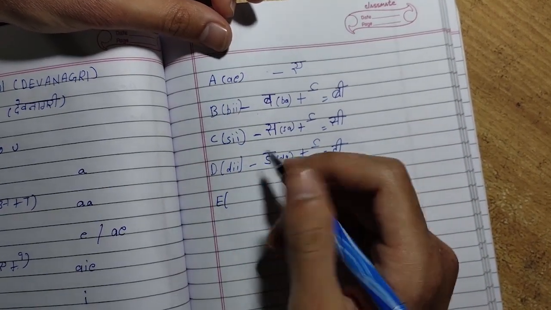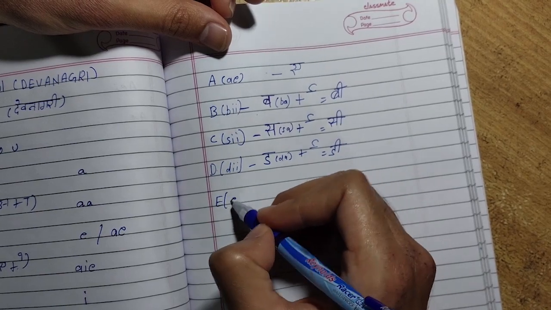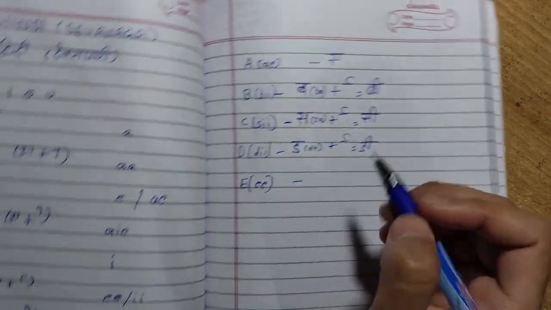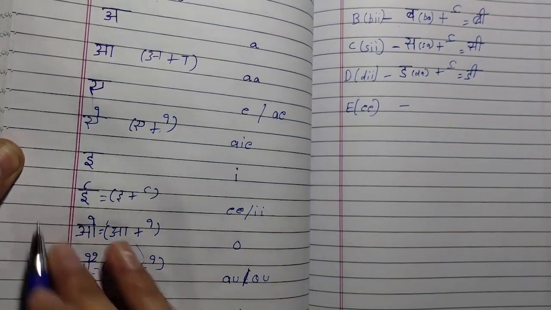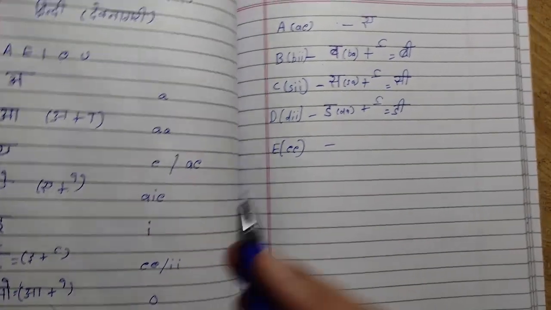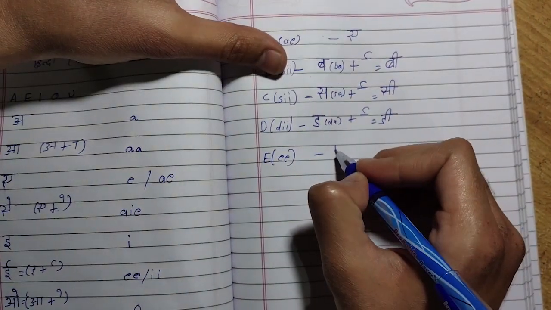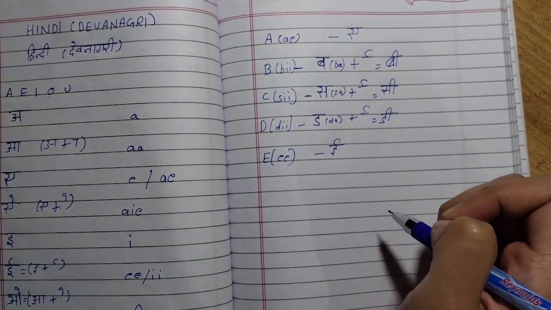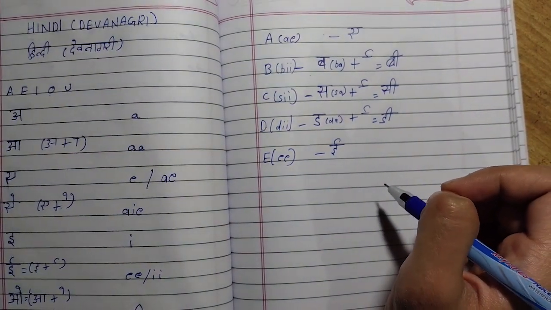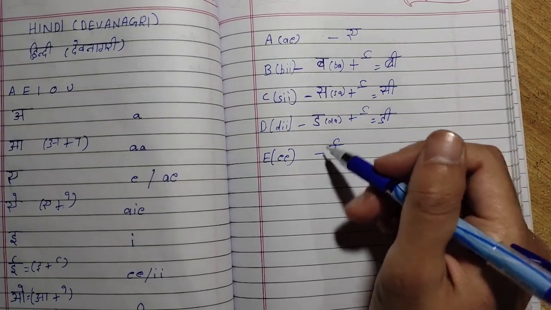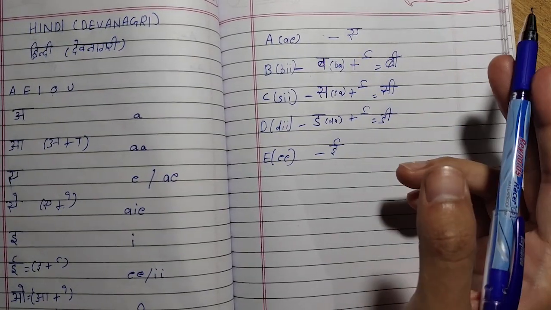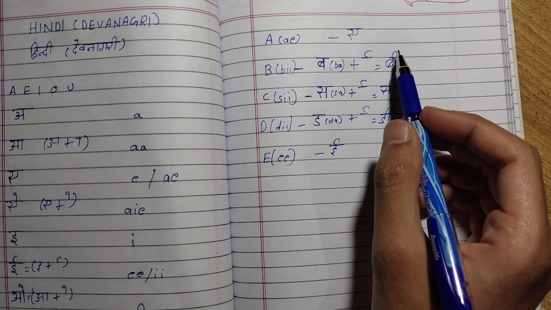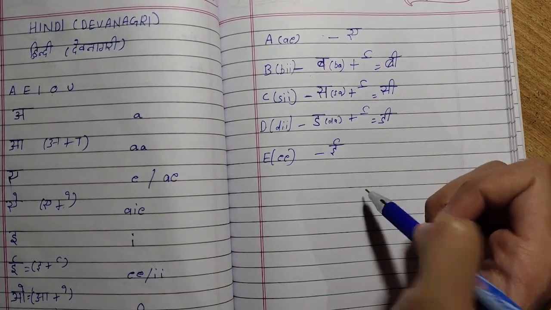Now comes the letter E, which, if you see, the vowel E is written like this. So we're going to write this as it is, like this, you know. Also, because the vowel in itself is written like this, some of you may be wondering why these alphabets are not written like these.